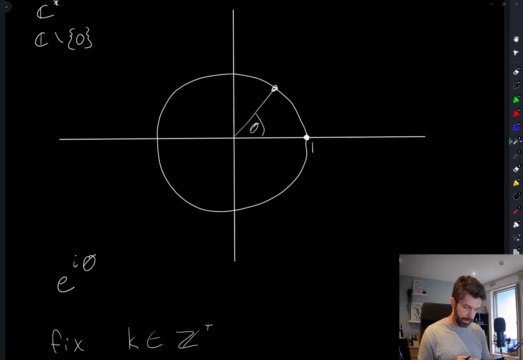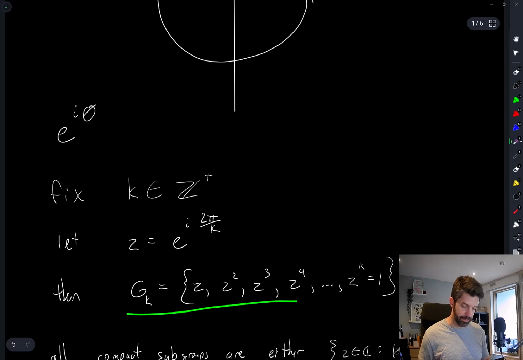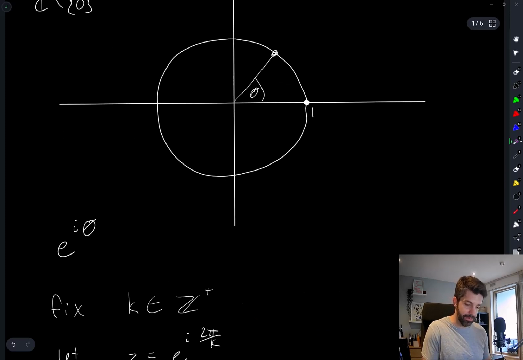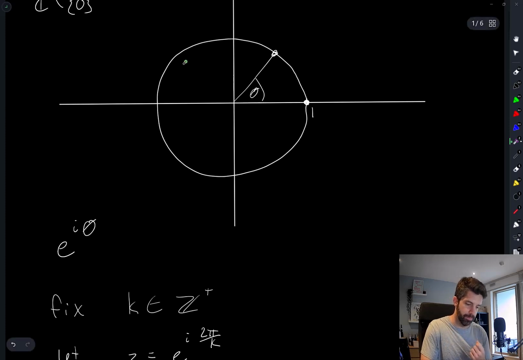The reason why is because, first of all, it has to be finite. If I have an infinite number of points in the unit circle, then I can create sequences which converge to something, and that point must also be in the set.